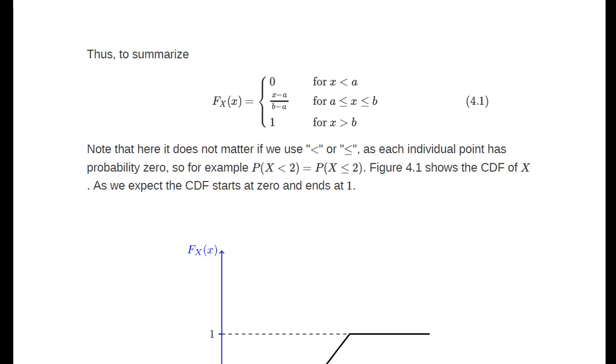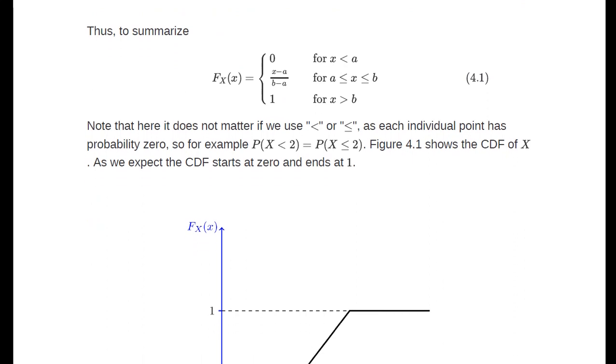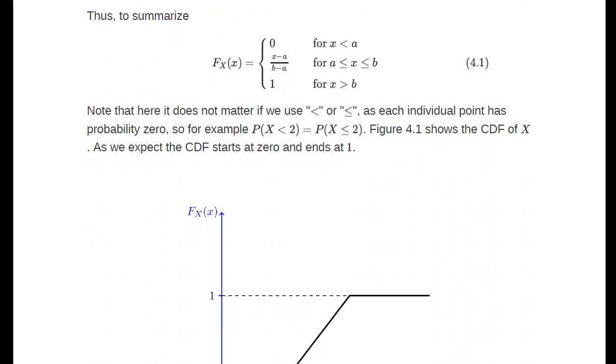Thus, to summarize, F of x equals 0 for x less than a, (x minus a) over (b minus a) for x between a and b, and 1 for x greater than b.